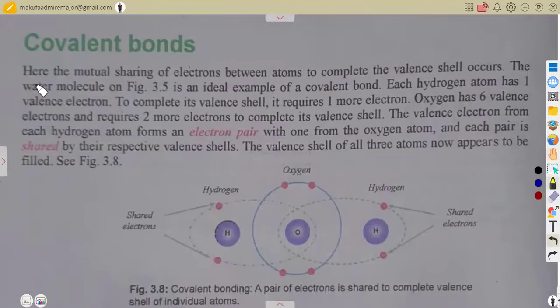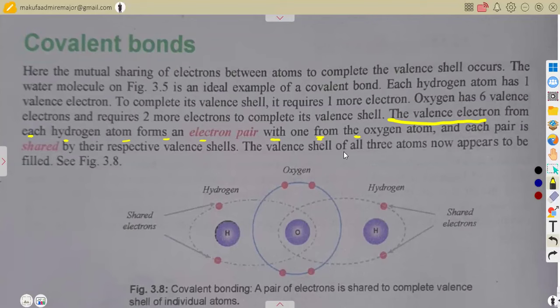This is a condition where the valence electron from each hydrogen atom forms an electron pair with one from the oxygen atom, and each pair is shared by their respective valence shells.